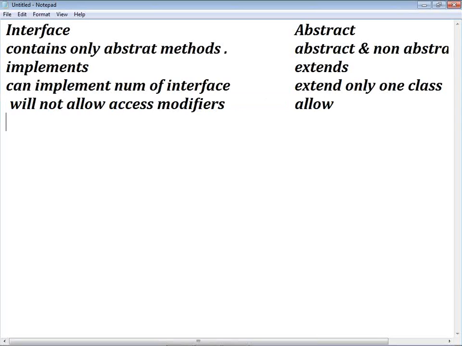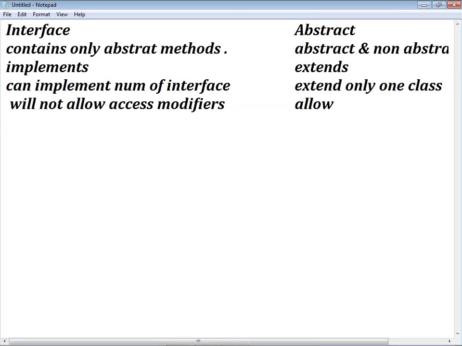Next, can we create an object for the interface? Generally, why do we create an object? To access the data and methods of a class. The interface doesn't contain any data and methods; it contains only abstract methods and final variables.